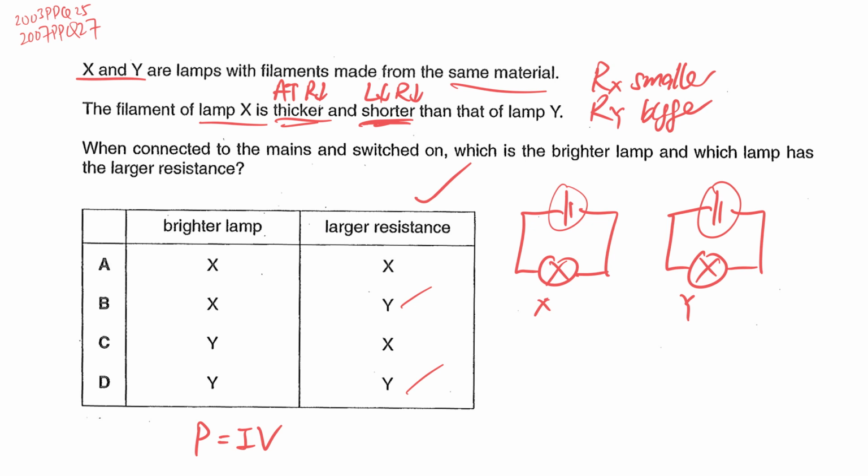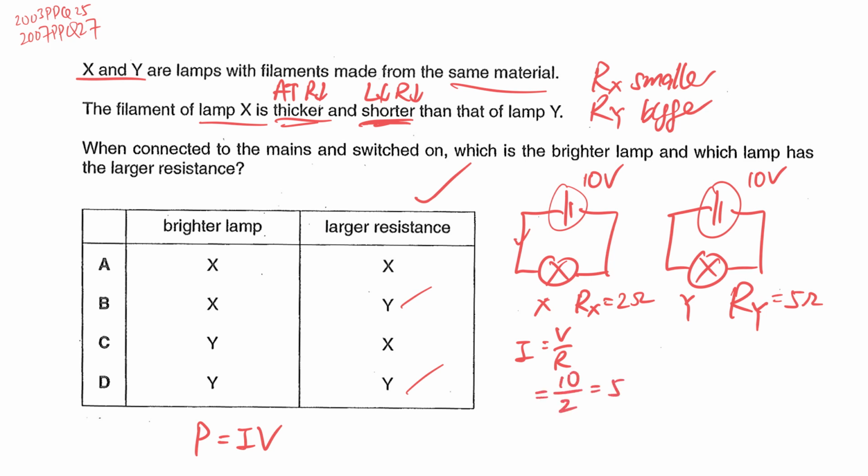As we mentioned already, the resistance of X is smaller and the resistance of Y is much higher. Maybe for easy reference, I'll give imaginary numbers. So this is 10 volt, and the resistance here, because it's smaller, let's give it 2 ohms, and the resistance of Y, let's give it 5 ohms. So the current, I equals V over R, the V is the same 10 and the resistance is 2.